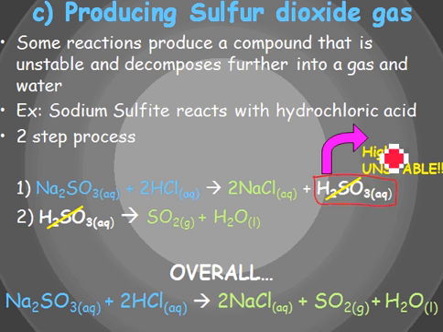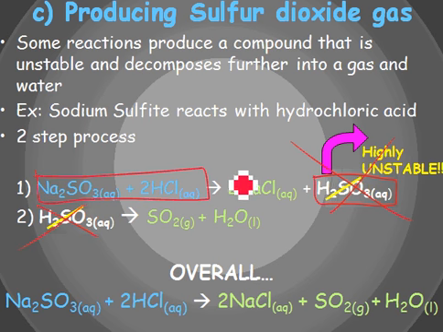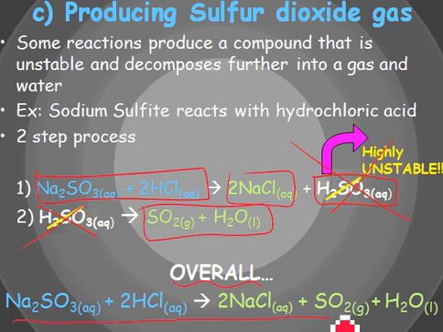So this highly unstable product doesn't occur. It's sort of an intermediate step. So the overall reaction is your two reactants and then your products, which are right here. So your overall is this whole equation.